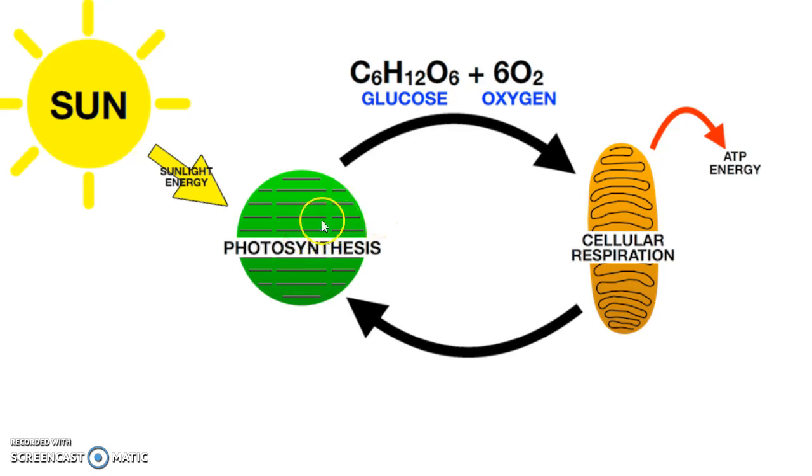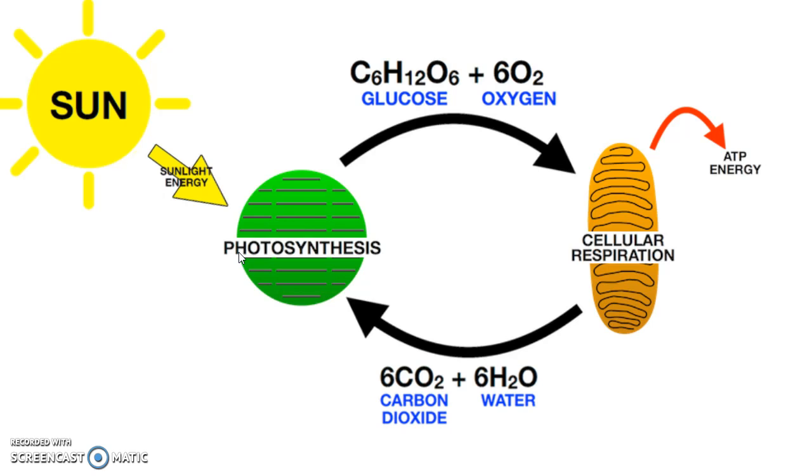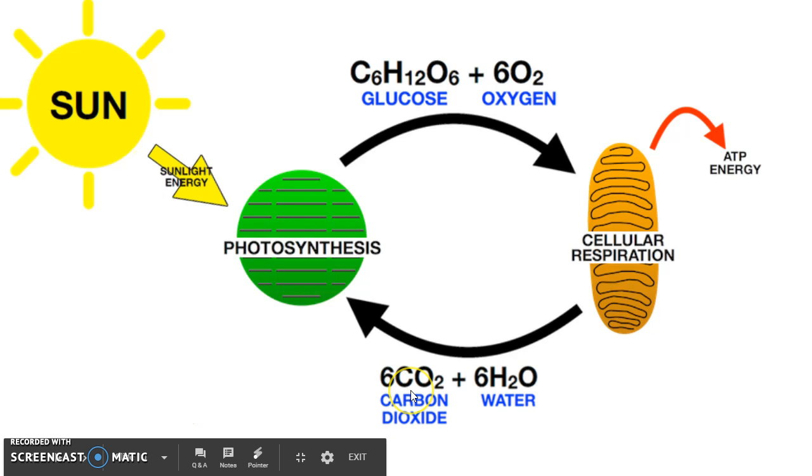What the chloroplast is giving off to the mitochondrion is a substance that adds with glucose and oxygen, and what the mitochondrion is giving off to the chloroplast is carbon dioxide and water.